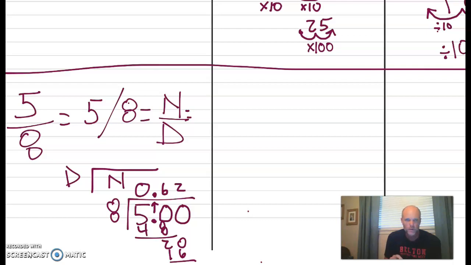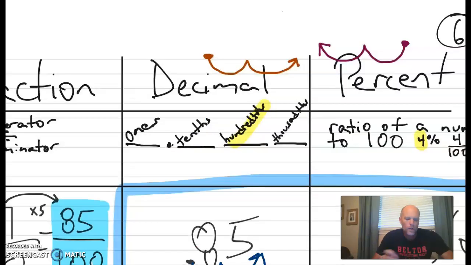I don't think I can move my paper up anymore. Sorry, I ran out. So 20 minus 16 is 4. We can add another 0. I'm going to bring that 0 down. Sorry, it goes over here. And now 8 goes into 40 5 times. Okay, so we have 625 thousandths.